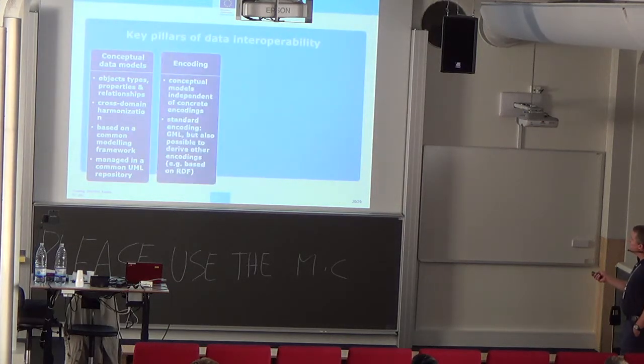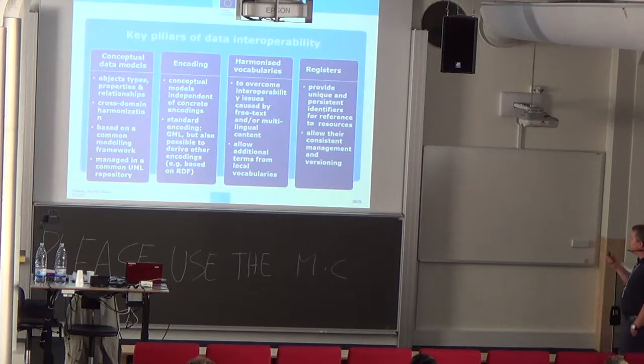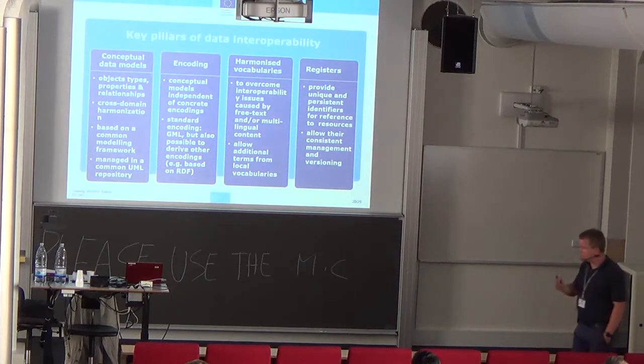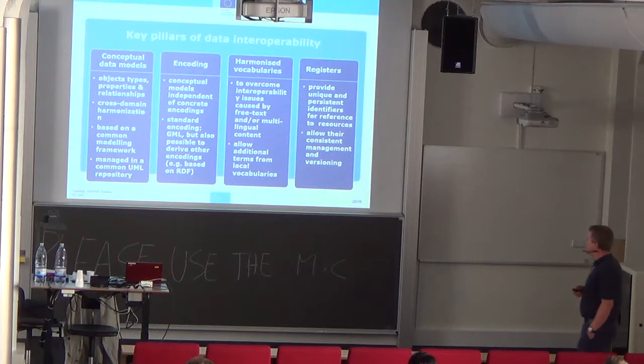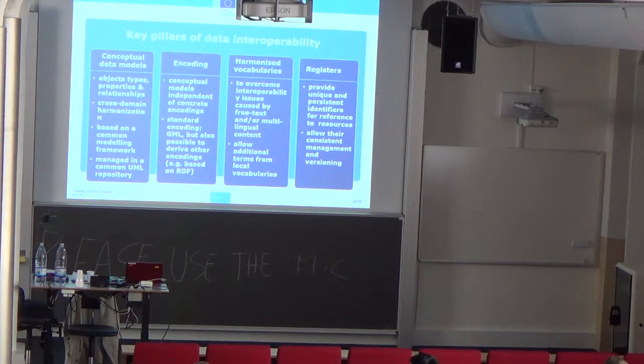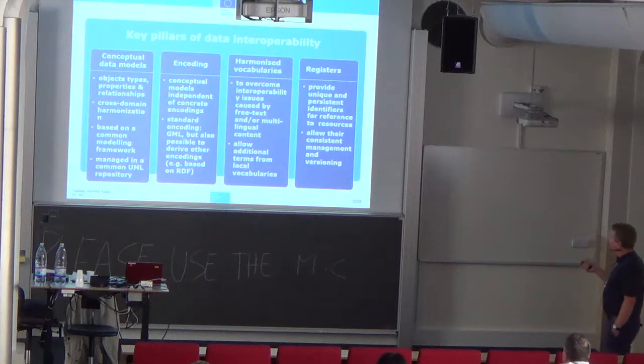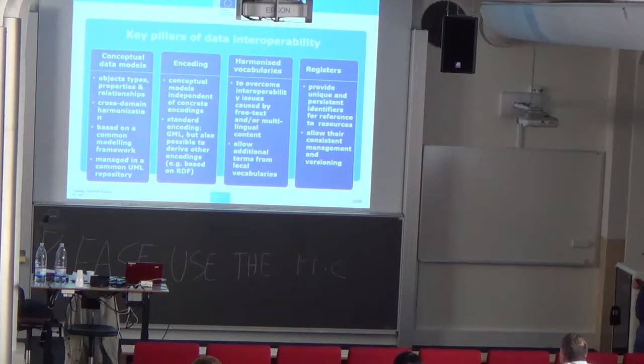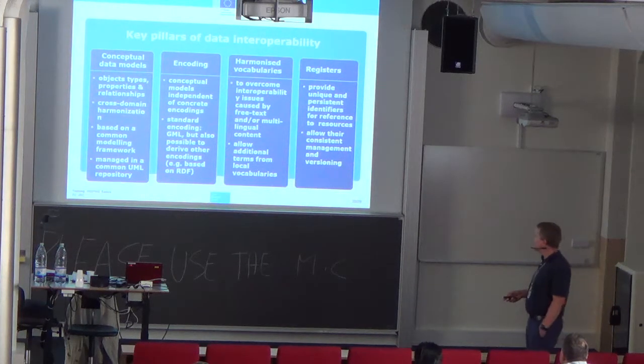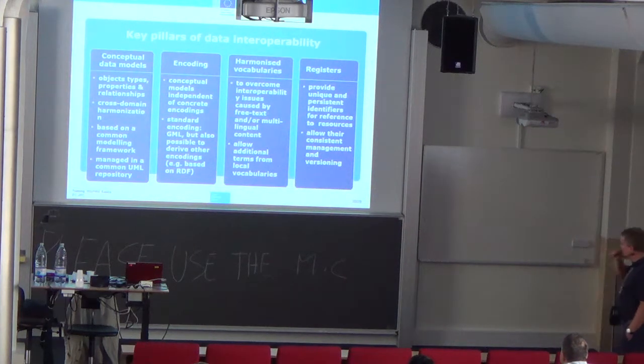Okay, there are several key pillars of data interoperability which are really important. These are the conceptual data models with object types, properties, relationships, and cross-domain harmonization based on a common modeling framework and managed in a common UML repository; encoding, with conceptual models independent of concrete encoding. If you have already read the technical guidelines, you will find that, for example, GML is only a recommended encoding.